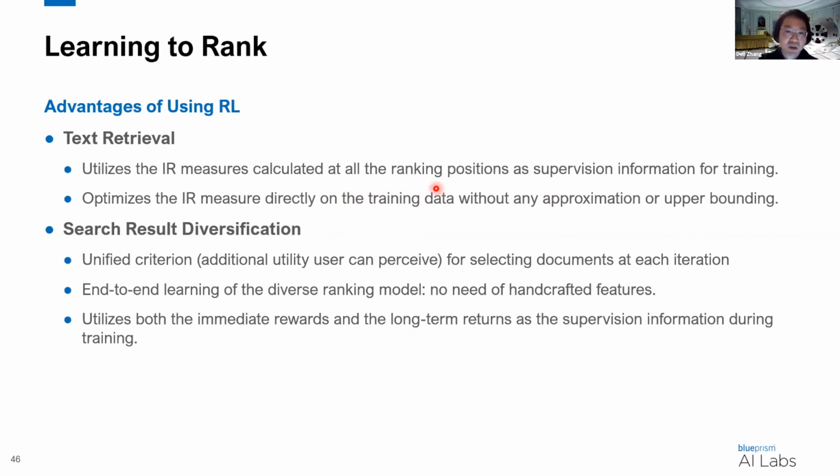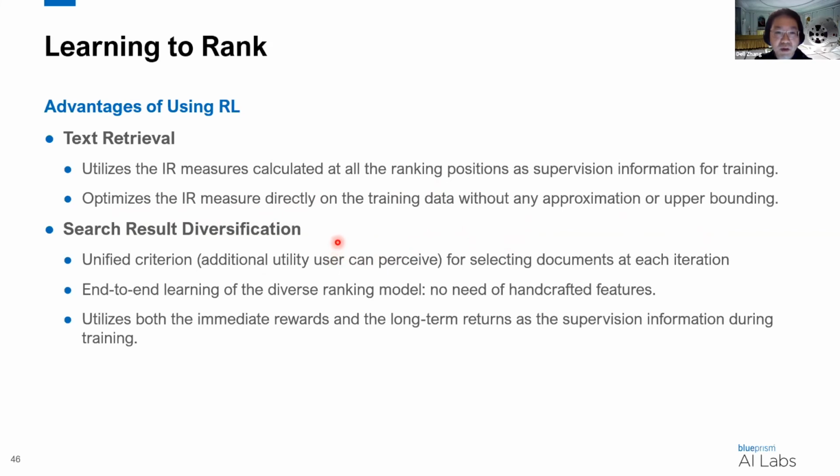And that usually means that we would be able to achieve better performances. Optimizing these IR performance measures directly on the training data without any approximation or upper bounding would usually help us to achieve the best results.